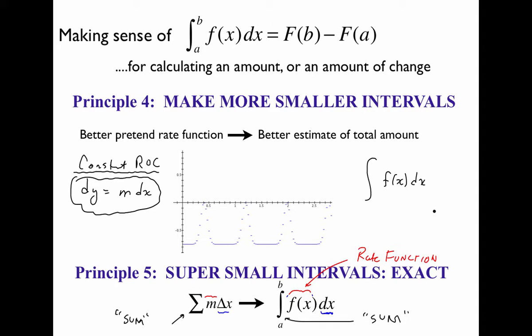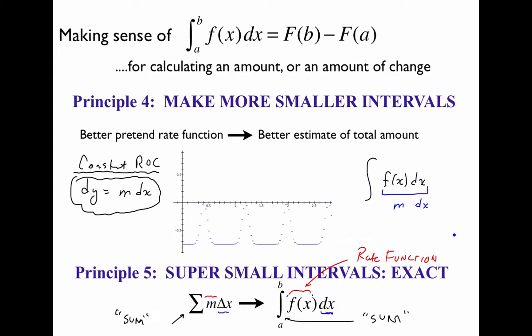Is it there? Still there? What's that? The whole thing equals dy. When you say the whole thing, you mean the whole thing? No. It's right here. It's right there. That is our m dx, right? So we're summing up a bunch of little changes in y.